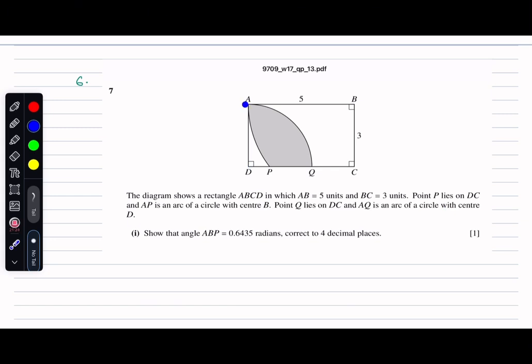So with center D, again, one thing is very much known, and that is that AD and DQ are both going to be 3 centimeters, as they are going to be the radius of the sector ADQ. So we have two sectors, ABP and ADQ.